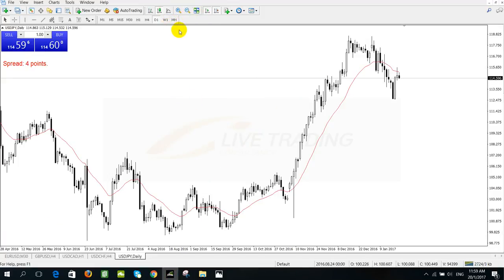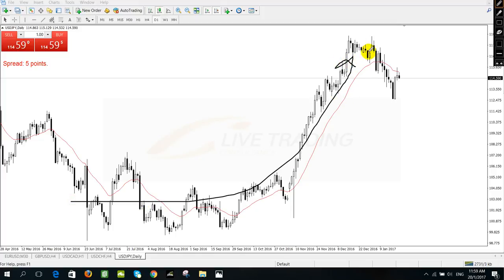Okay, those who are daily chart traders, in their point of view, dollar yen is overall in uptrend. You see, it is in uptrend. So this is just a small correction and they anticipate market to go further higher.